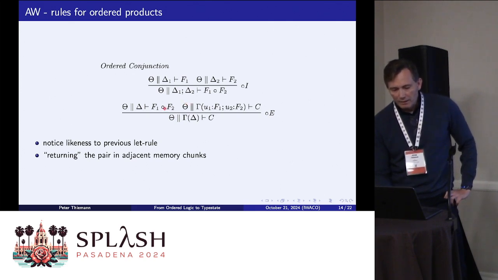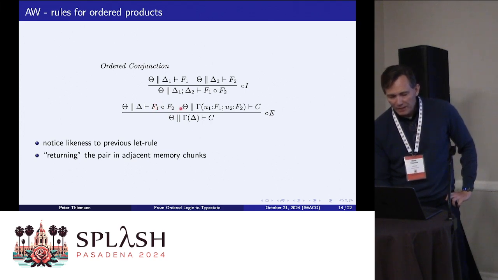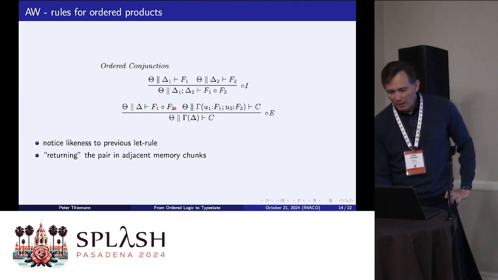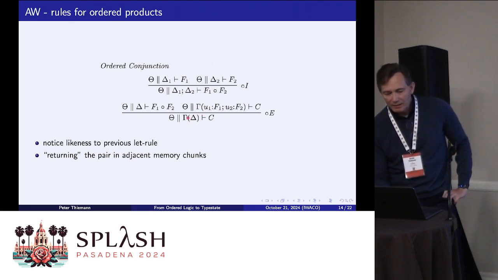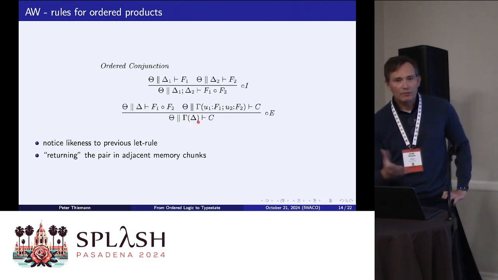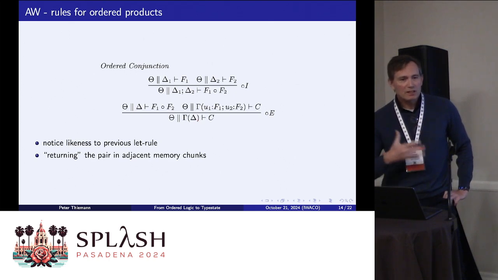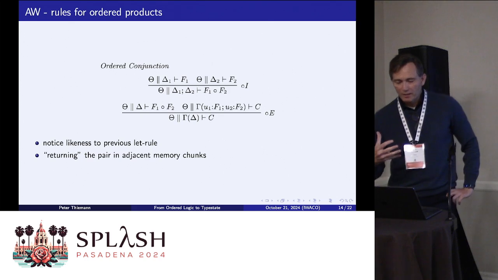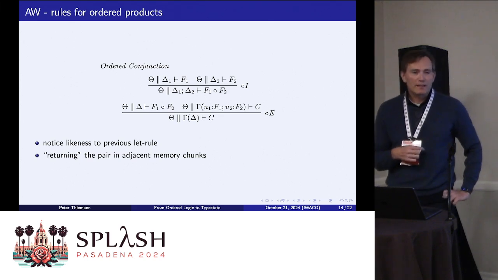Now then I have the values for f1 and f2, and I bind them to two new variables, u1 and u2, and I put them back at the place where I took the context before. So it's essentially a generalization of the let rule that I showed you a couple of slides back.